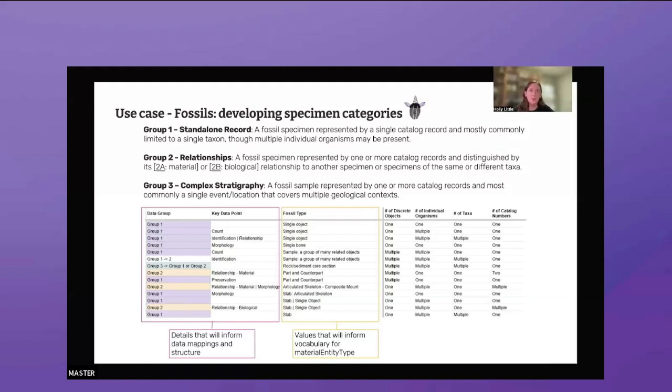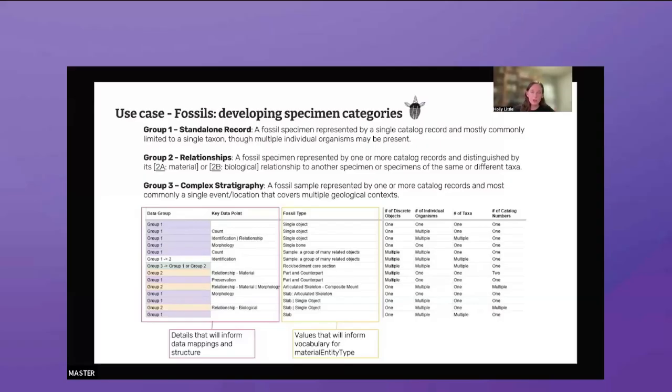This effort resulted in 3 primary data groups that inform the data structure needed. Each data group covers many different types of fossils as managed in paleo collections. Group 1, standalone record, covers the most typical data structure needed when a fossil specimen can be represented by a single record and most commonly a single taxon.